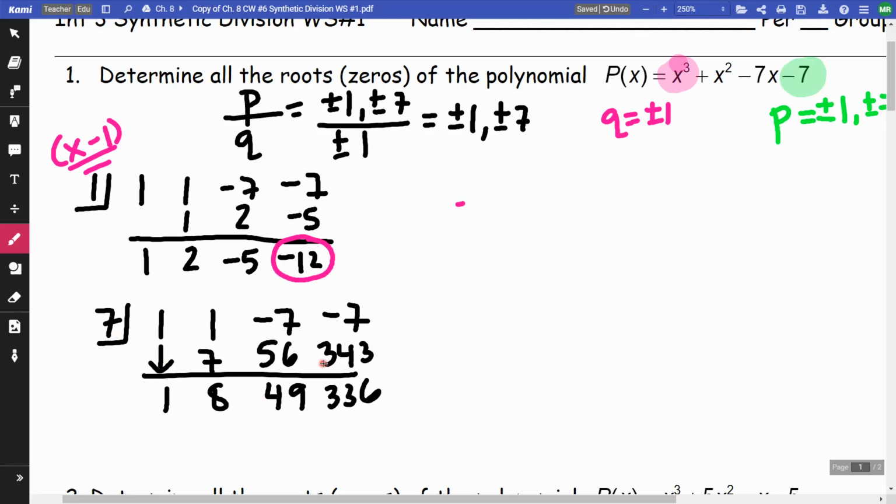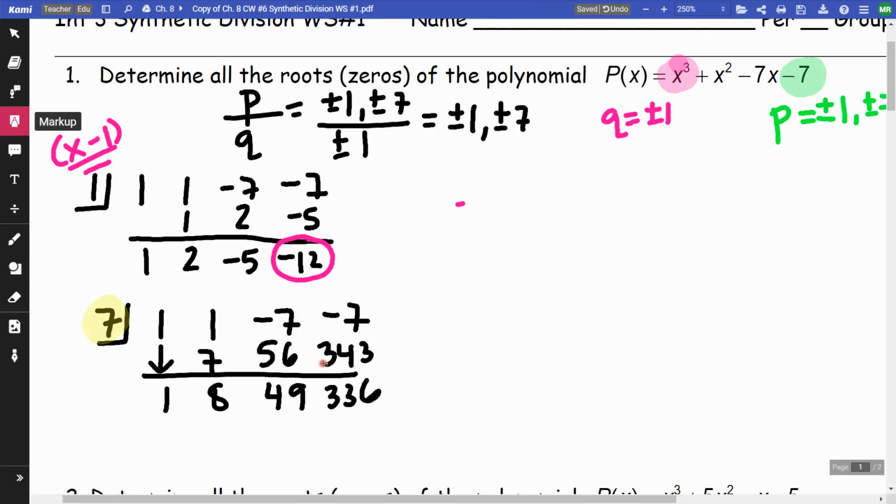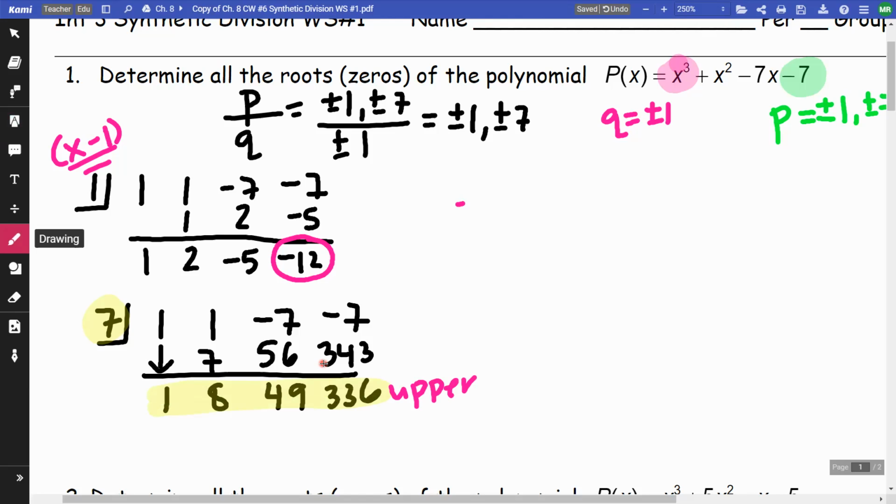Just kind of another note. If I am using a positive number for my synthetic division and I get only positives back, that is something that we call an upper bound. And no number higher than 7 would work. So if I had other choices, which I don't here, this is an upper bound.